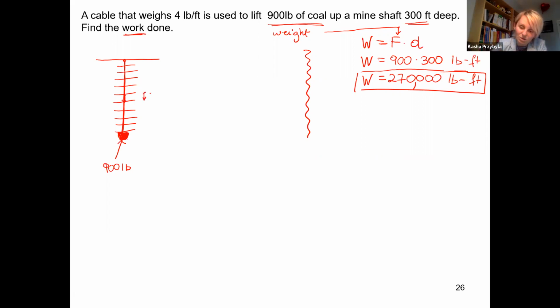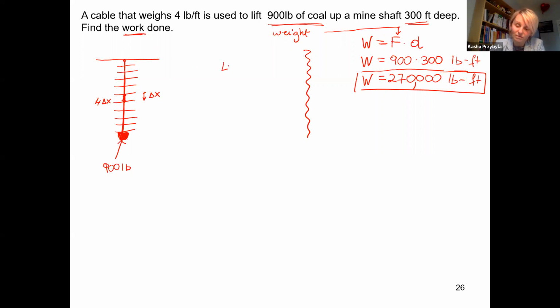We know this is delta x, and we have 4 pounds per foot. The work done is 4 times delta x, that is, 4 pounds per unit distance.